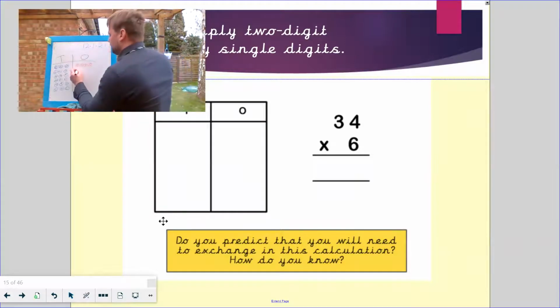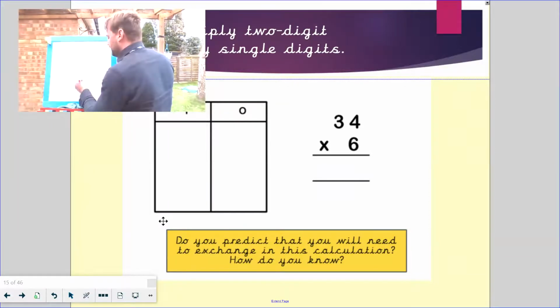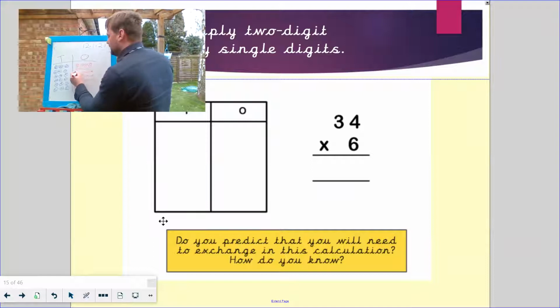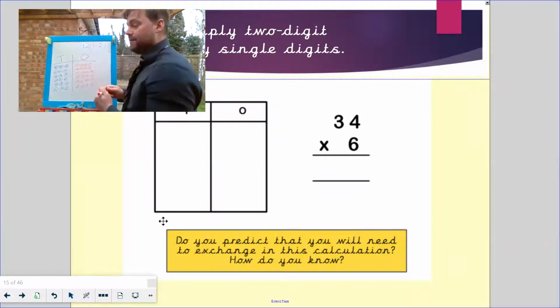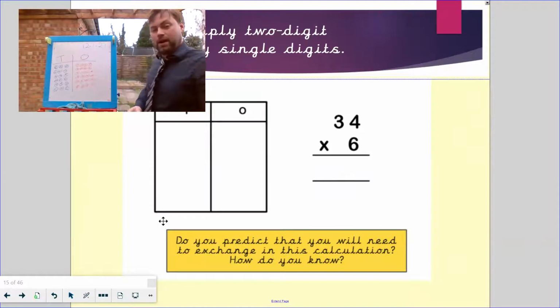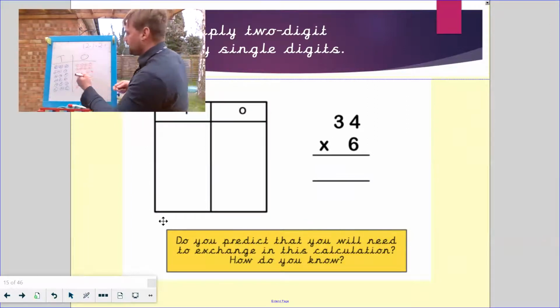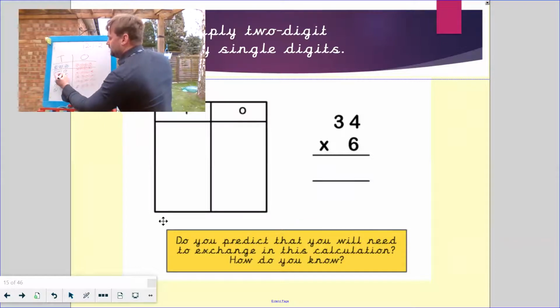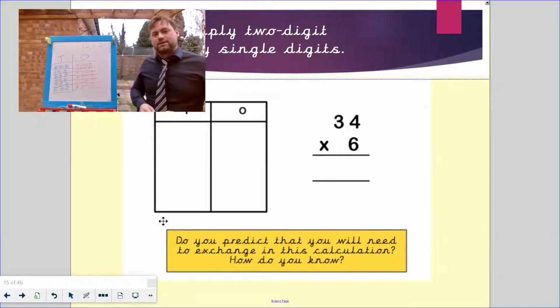And then we do our 2, 3, 4, 5, 6. Again, you can cut them in. Again, I'm doing this very quickly, you will obviously take a lot more care and pride in your work. So now you can see in pictorial format, 34 multiplied by 6. And each one of these is a group. We've got 6 groups of 34.